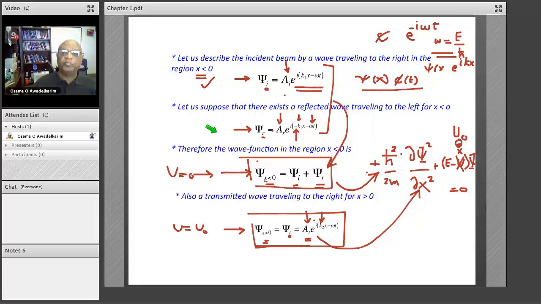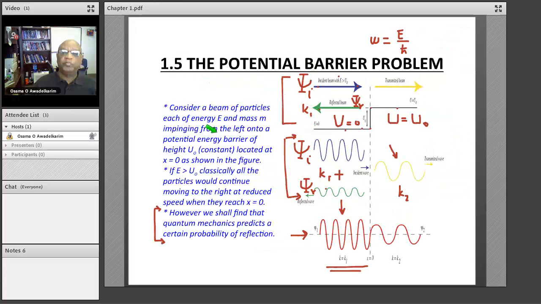So a continuous psi, if you look here, I have two regions. I have region x less than 0, and I have region x larger than 0. Now, this point here, x equals 0, is a point of break between the two regions.